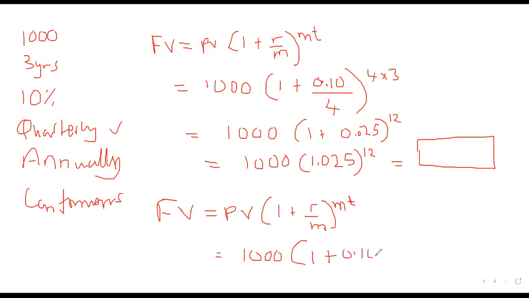Annually means how many times are we earning? 1. So it still remains the same, 1 times 3. So you're going to have 1000 times 1.1 to the power 3. So here we're going to get 1331 as our future value.